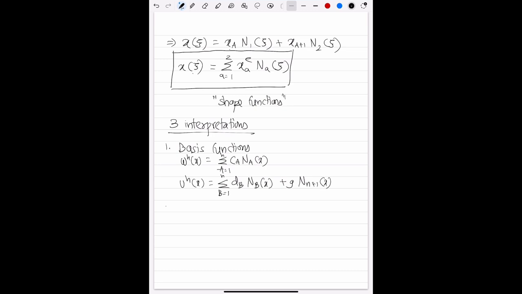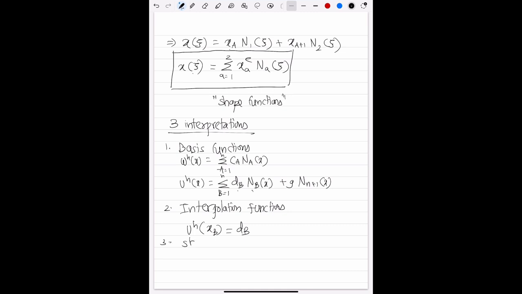The second interpretation is that they are interpolation functions. Now we know that uh evaluated at some grid point xb is nothing but dB. So these constants dB are the solution at the grid points, and thus this relation is telling us how to interpolate the solution in between the grid points, and hence the basis functions are also called interpolation functions.